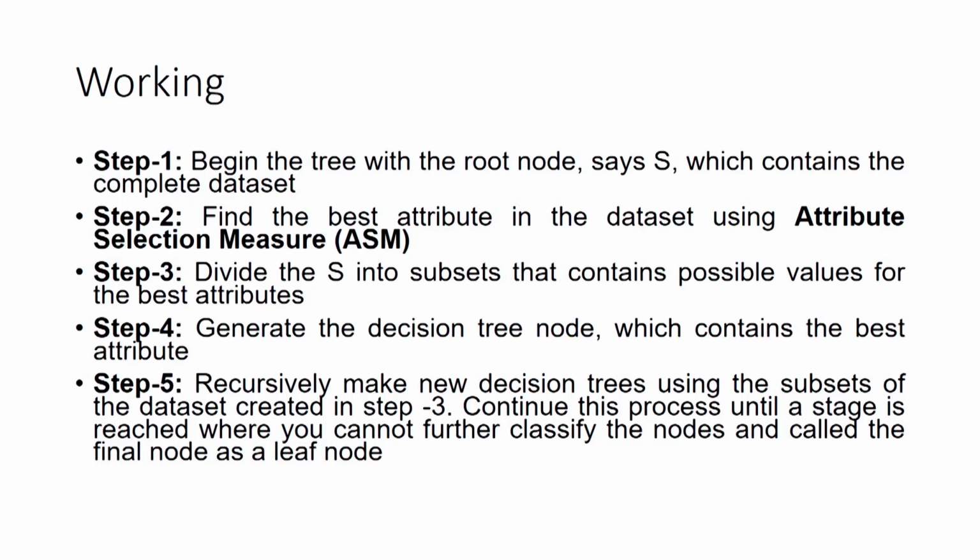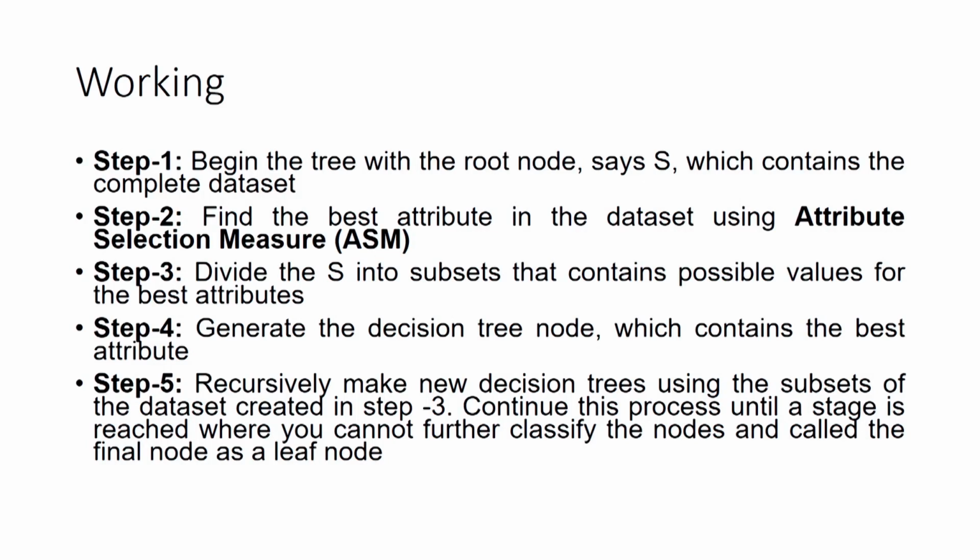So attribute selection measure is a metric that can be used to find out which particular feature we will use to split the whole data set, and then using that attribute we will split the data set into different subsets. In this way the children nodes of that root node will be created, and we will do the same with these children nodes.